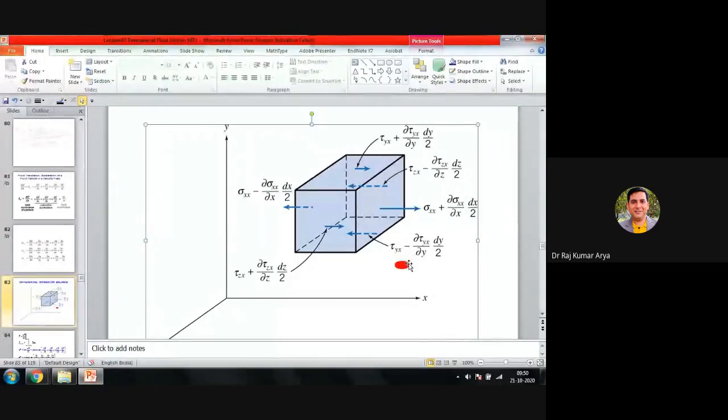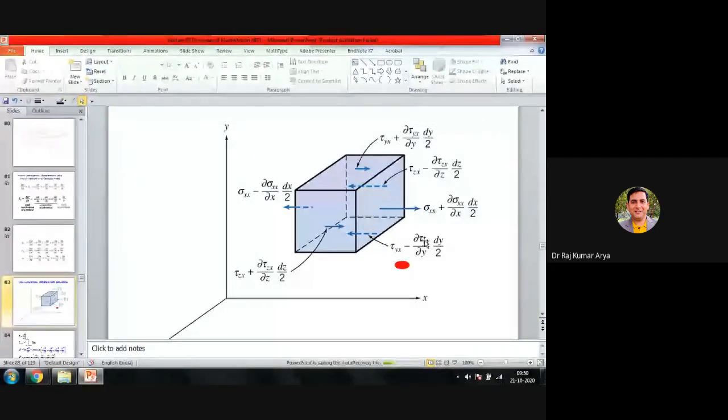So in this figure, we are doing all balances in the x direction only. Therefore we wrote here tau yx. What is this tau yx? This is practically the bottom surface of, let's say, the notebook. Bottom or top, your perpendicular will go either in plus y or minus y.